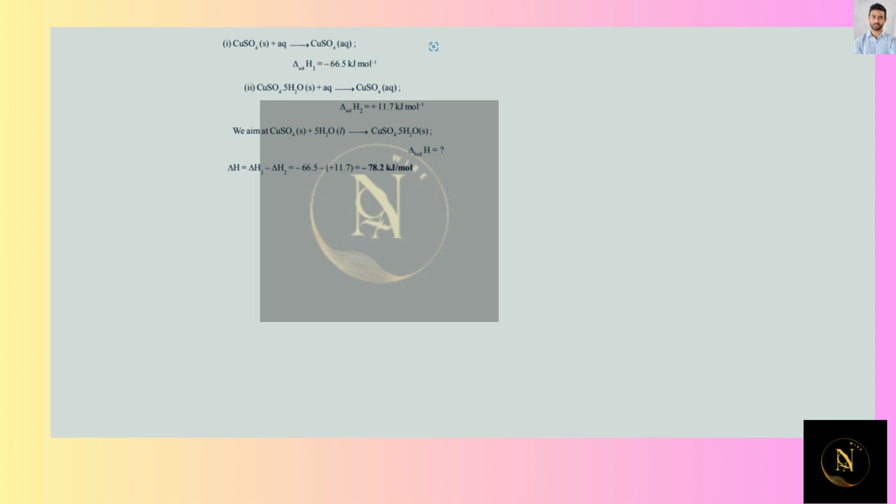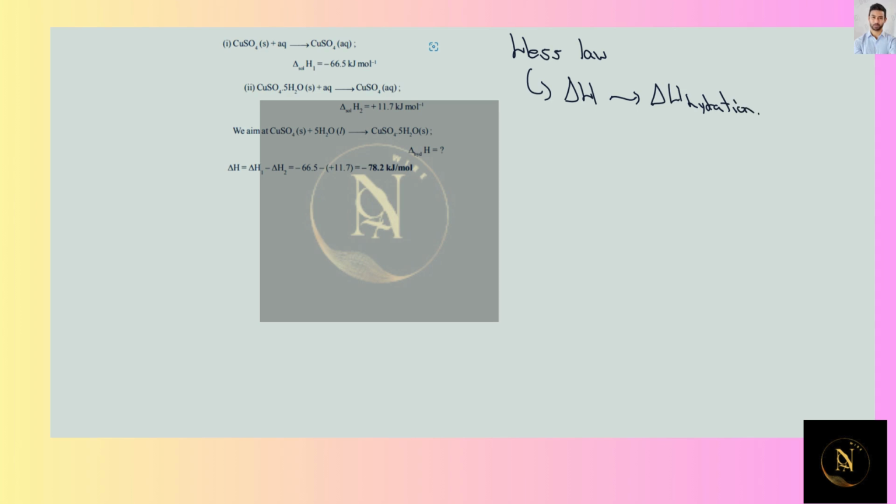Here we want to explain how we can employ Hess's law in order to calculate enthalpy changes for reactions that cannot be measured directly. And one of the examples that we're going to have is the delta H for hydration for a certain reaction.